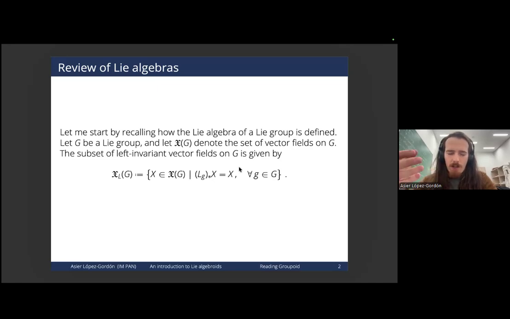By the way, in some references they instead take it as right invariant, but at the end of the day, it will be a question of changing the order of things, or in the case of groupoids and algebroids, interchanging the roles of the source and the target. So conceptually, it's all the same.